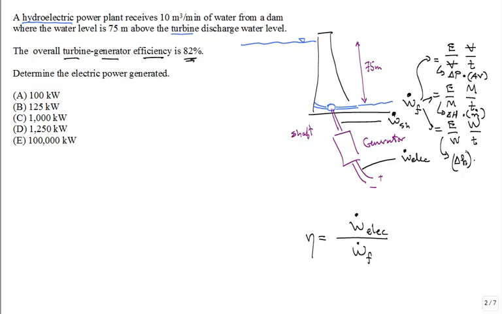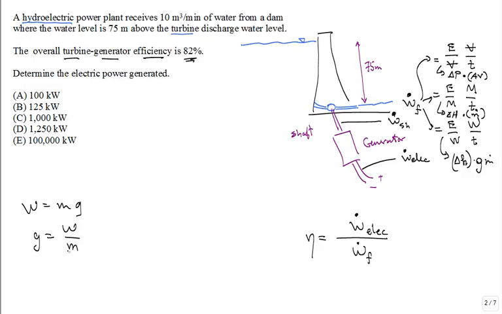I don't have a great symbol for the weight flow rate. It doesn't make much sense. I have mass flow rate, and if I multiply the mass by g, we recall that weight is equal to mg, so g is the weight per unit mass.